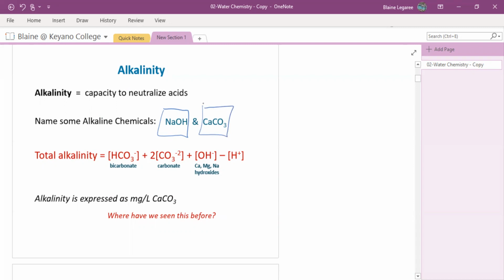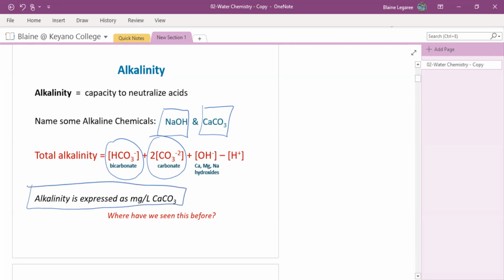In this formula, total alkalinity is bicarbonate plus carbonate plus hydroxide minus protons. But usually in most natural settings, we're looking at carbonate and bicarbonate. The units for alkalinity are expressed as milligrams per liter calcium carbonate.